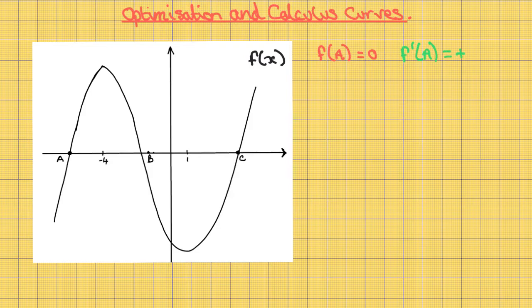Now let's look at the second derivative at A, so f double dash at A. If you look at the graph, you can see that the second derivative is part of an upside down concavity. So the second derivative at A is negative. Now let's take our second point, f of -4.